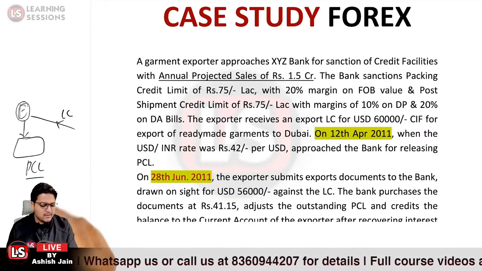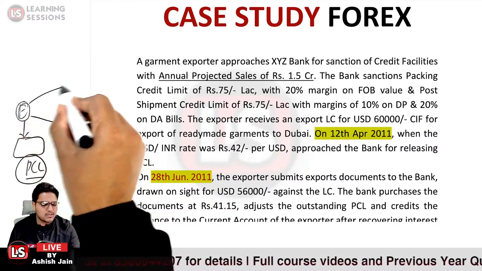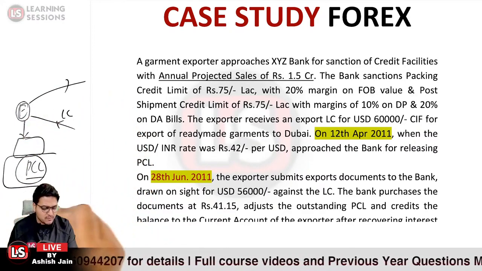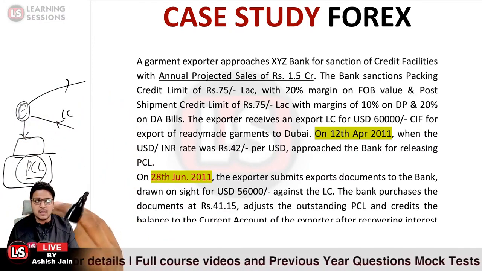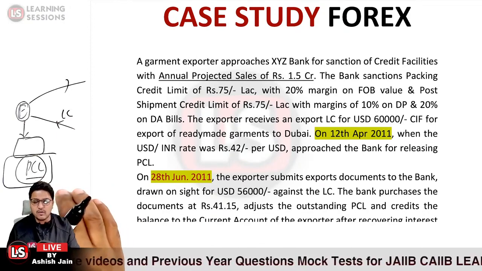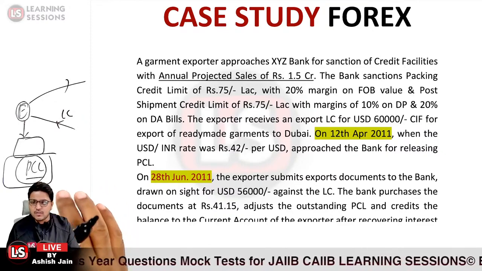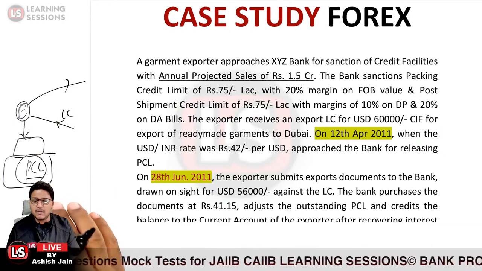And further, when the exporter has shipped the goods, let us take the case. Pre-shipment credit is advanced to the exporter so that he can procure the raw materials or meet whatever expenses are related to the manufacturing of the goods.